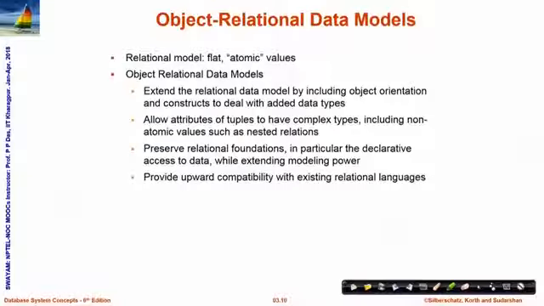That may allow things like nested relations, that is, a value could itself be a relation, could itself be a table. But we try to preserve the relational foundation, and we will see what those foundations mean, and provide upward compatibility to existing relational databases. So, this is the basic concept of object relational data models.